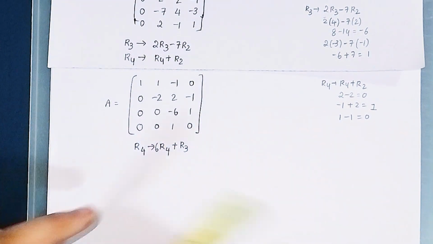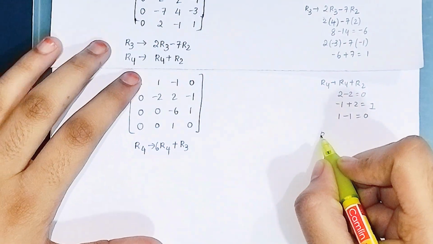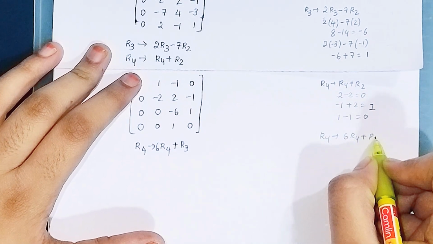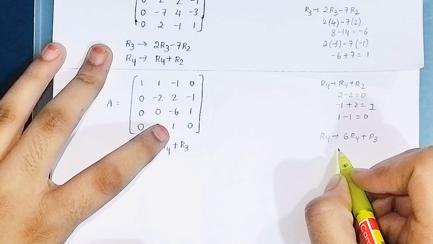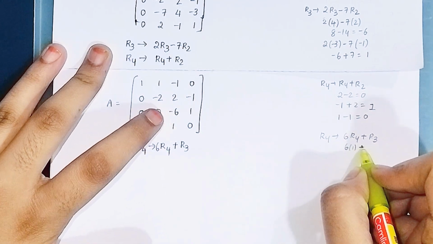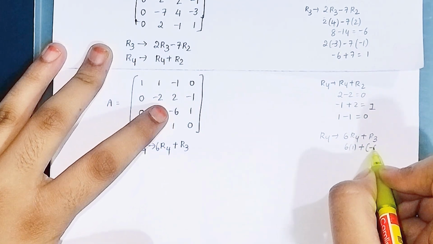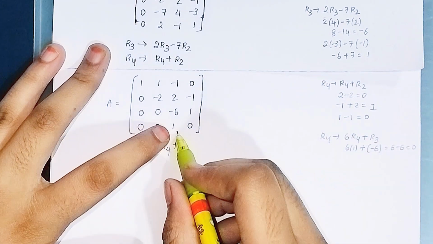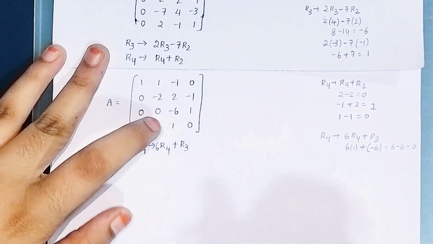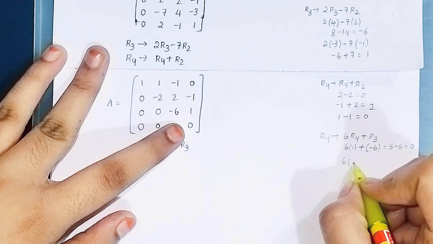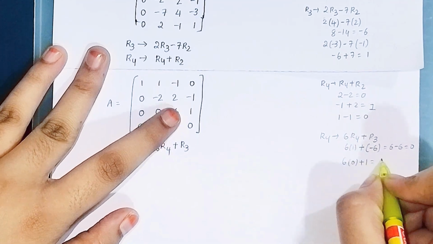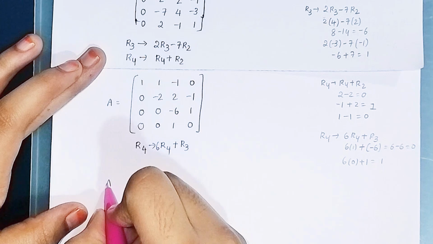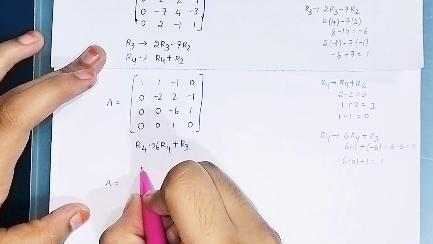So even if you get confused, just write it beside. Write R4, 6 into R4 plus R3. Now just multiply it. You can see it. 6 into 1 plus minus 6. Nothing but 6 minus 6, which is 0. Because we wanted to make it as 0, it will be 0. So even if you get confused, you can write it and check it. 6 into 0 plus 1, which is nothing but 1.